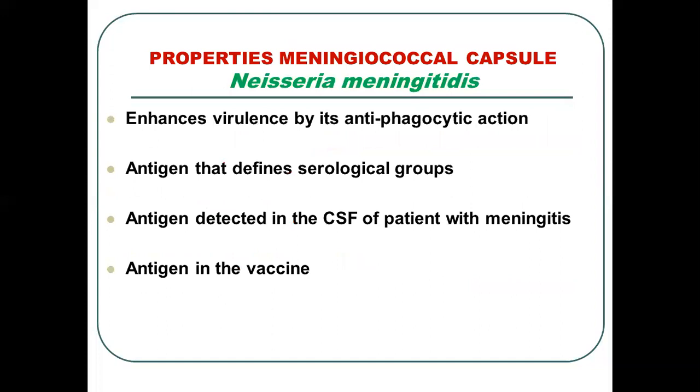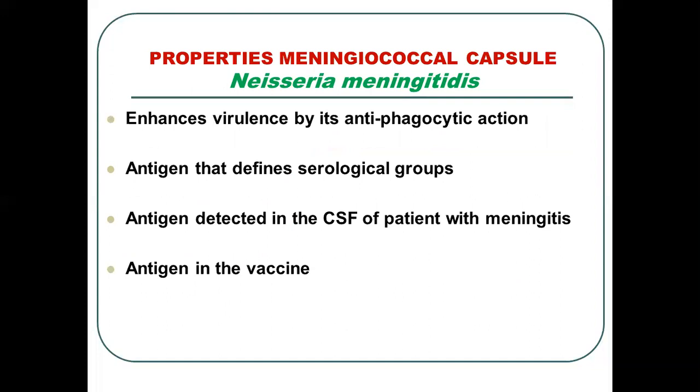Now, as I said, the capsule of Neisseria meningitidis is of very unique importance because, with reference to other capsules, it enhances virulence as an anti-phagocytic factor. It does not allow phagocytosis of the organism.